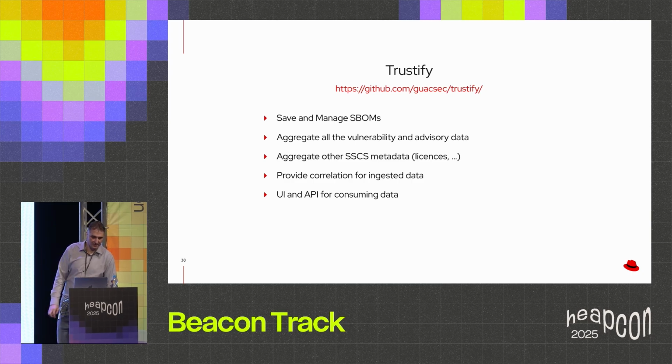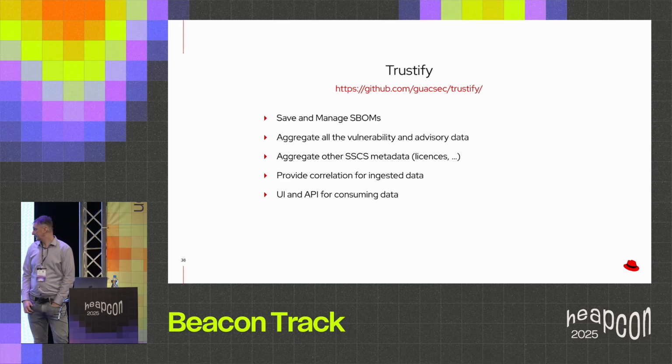Beyond just advisories, there is a lot of other software supply chain security metadata that is useful to people. Licenses are a perfect example, because for compliance reasons some companies don't want to use packages with certain licenses.